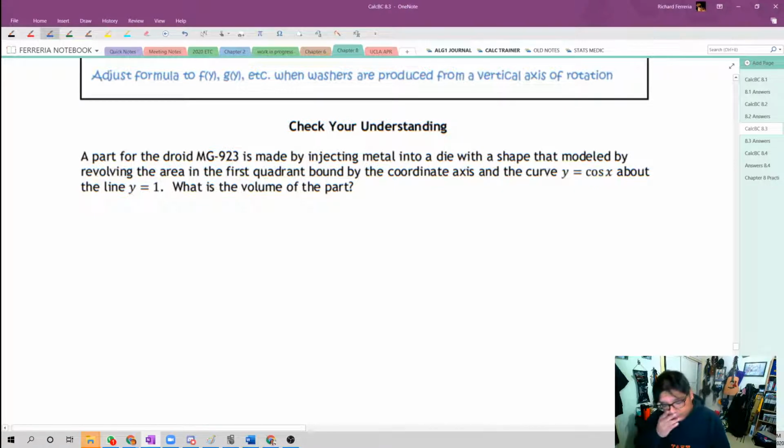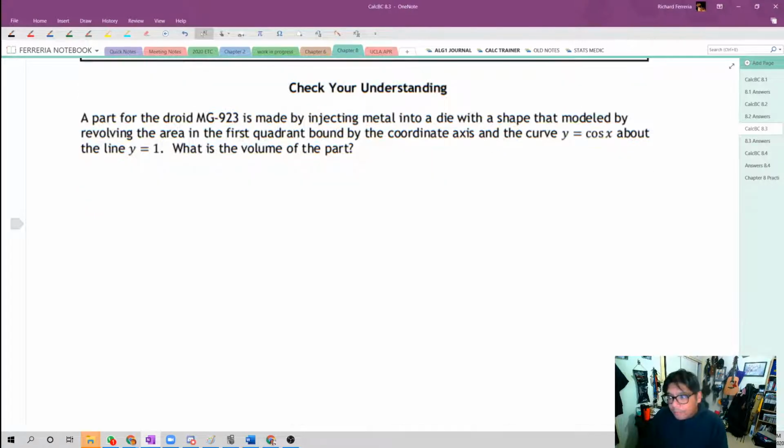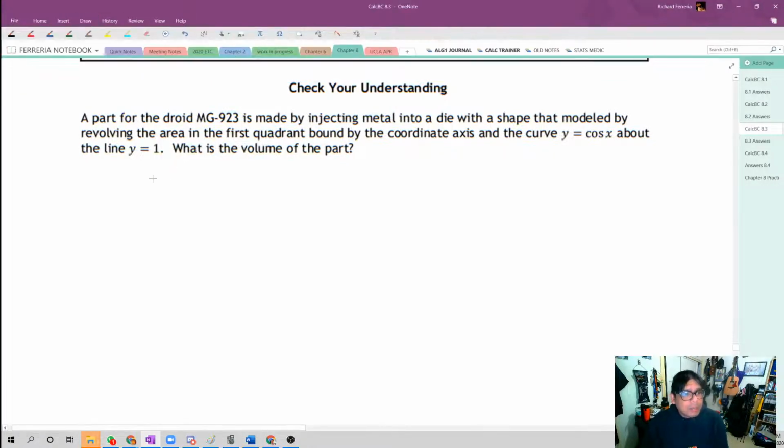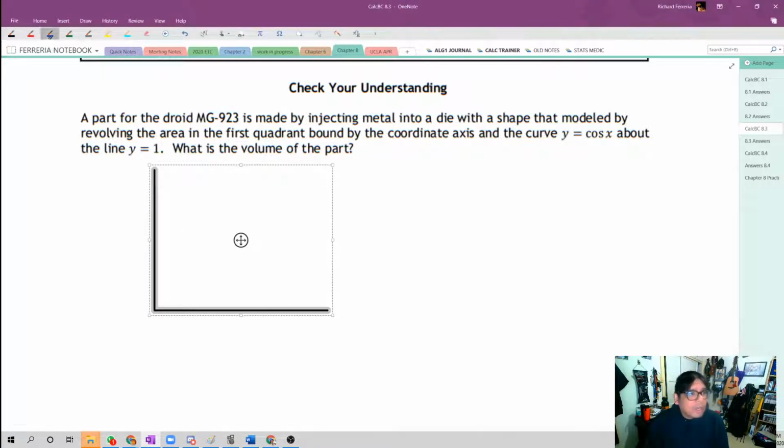Okay. Let's take a look at a graph of this, and I'm going to go ahead and graph this kind of old school. Let's take a coordinate axis, and we only need the first quadrant. Now the first quadrant needs a boundary curve, and we need a cosine function.